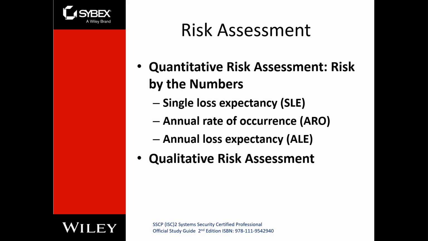Loss of business could be losing a few customers, losing many customers, or closing the entire business. These are intangible. Loss of reputation is also there. These are intangible assets that are not as easy to quantify.